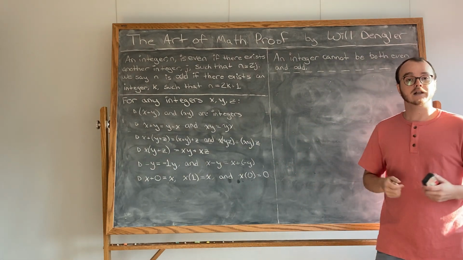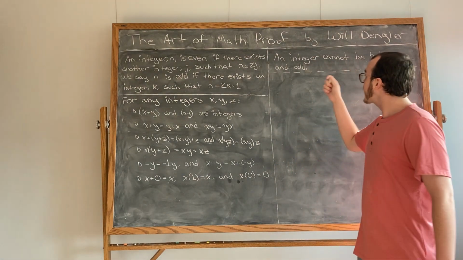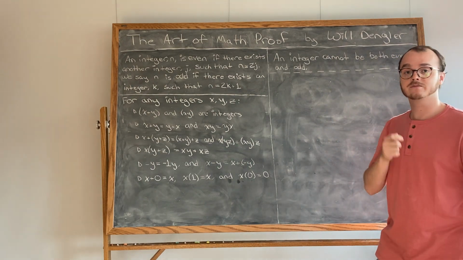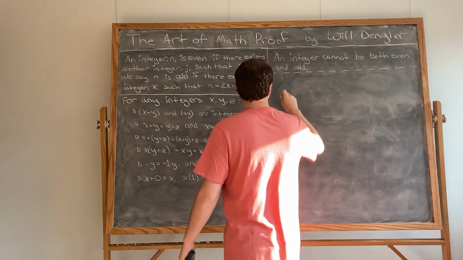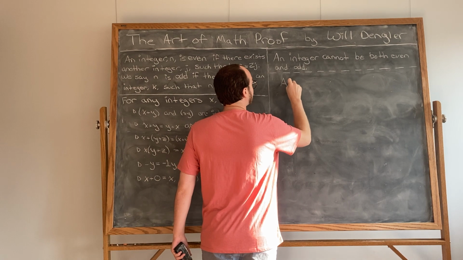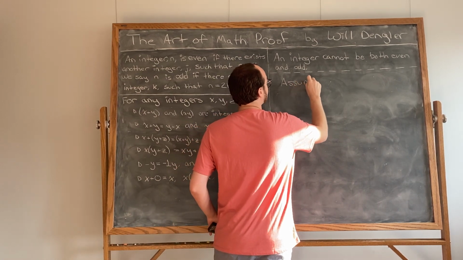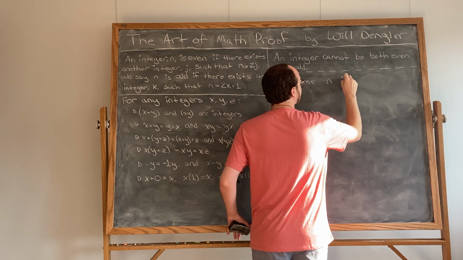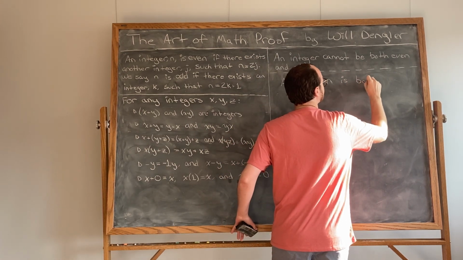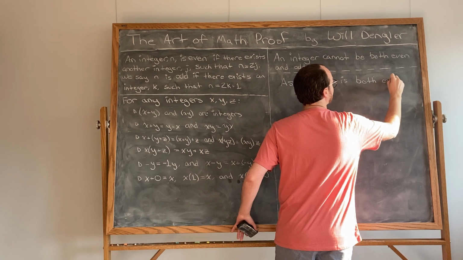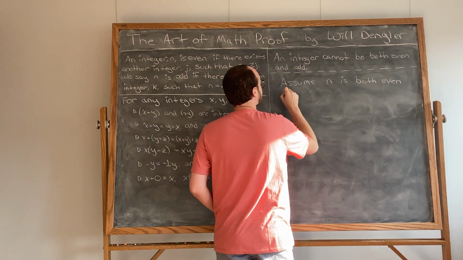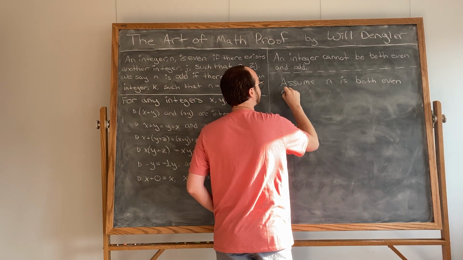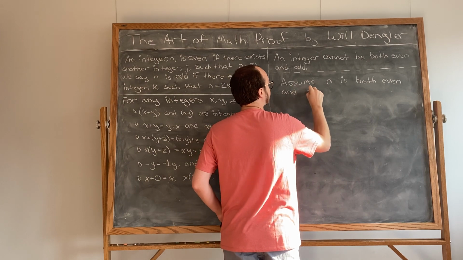So let's get started. Let us actually assume we have an integer that is both even and odd. We'll call it n. So we're going to assume the integer n is both even and odd.